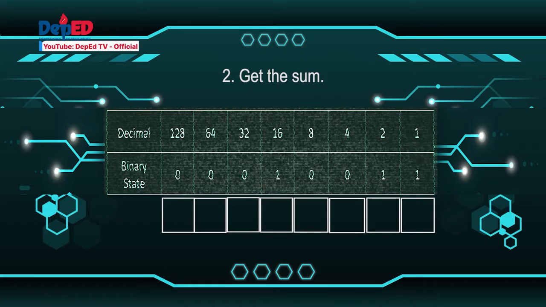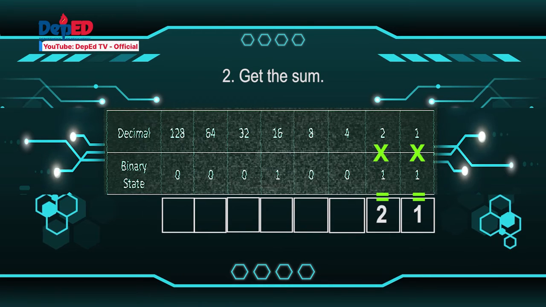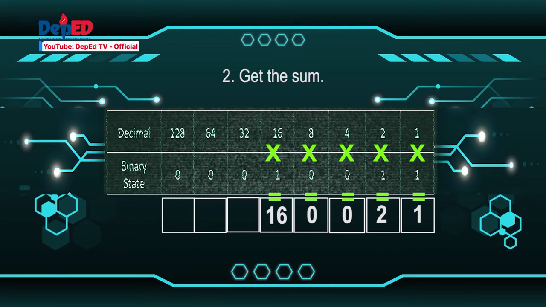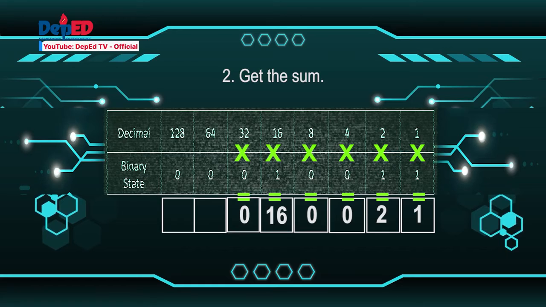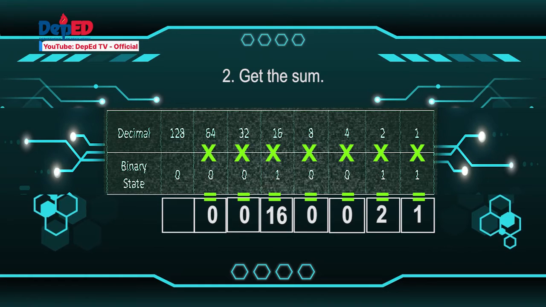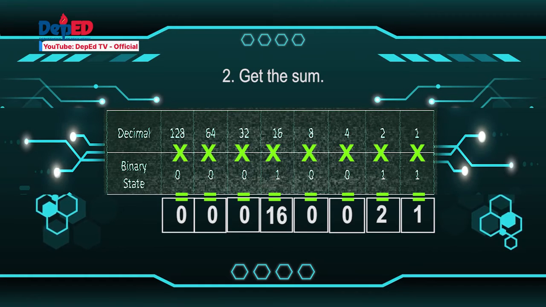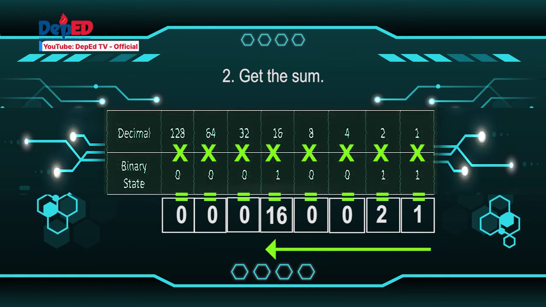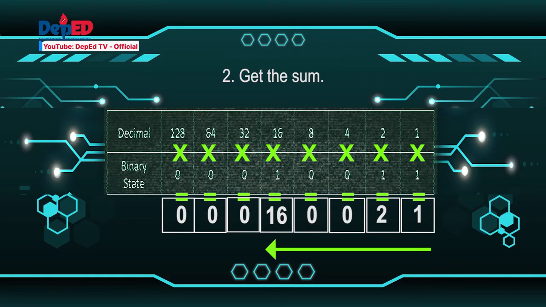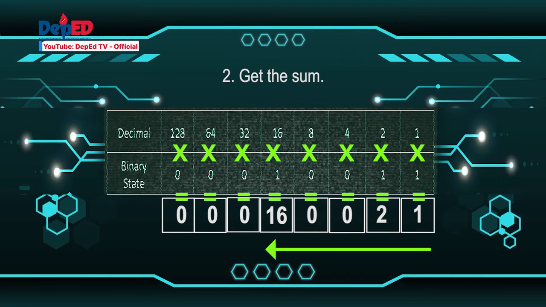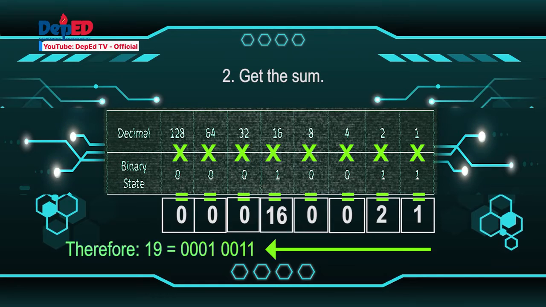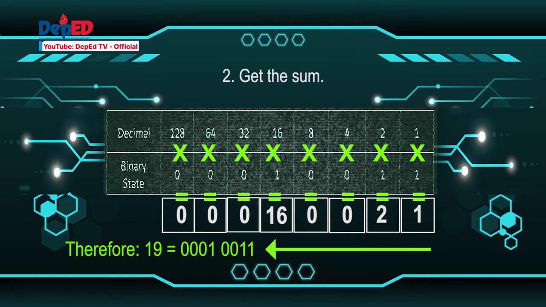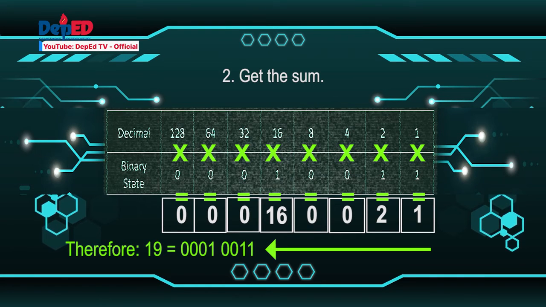For example, 1 times 1 plus 1 times 2 plus 0 times 4 plus 0 times 8 plus 1 times 16 plus 0 times 32 plus 0 times 64 plus 0 times 128. 1 plus 2 plus 0 plus 0 plus 16 plus 0 plus 0 plus 0 is equal to 19. Therefore, 19 is equal to 0, 0, 0, 1, 0, 0, 1, 1.